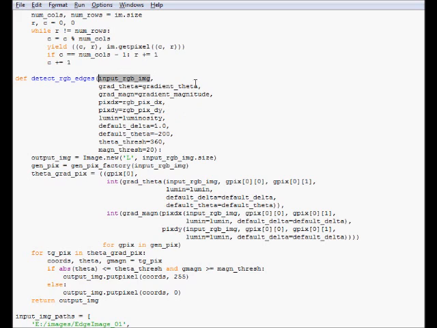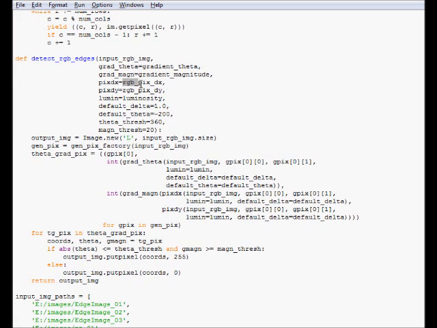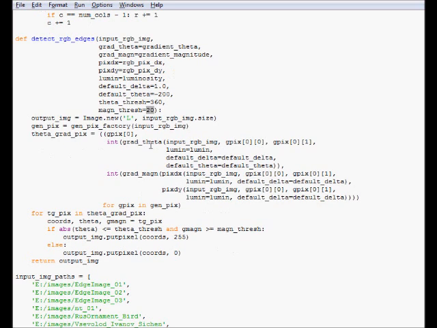It takes all these defaults, the function to compute gradient theta, gradient magnitude, the function to compute the luminosity difference in the x direction and in the y direction, the luminosity function, then the default delta value, small value if there's no difference in the luminosity, default theta, which we return if the pixel is not in the range. Theta thresh is 360, which means that we accept every theta, but magnitude threshold is 20, which means we do not accept gradients whose magnitude is less than 20.